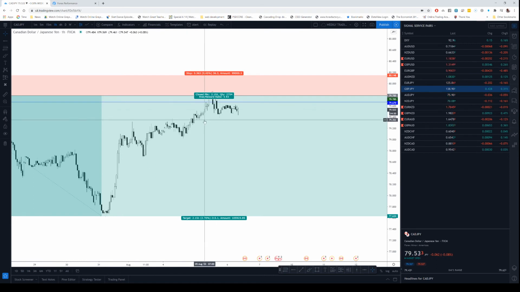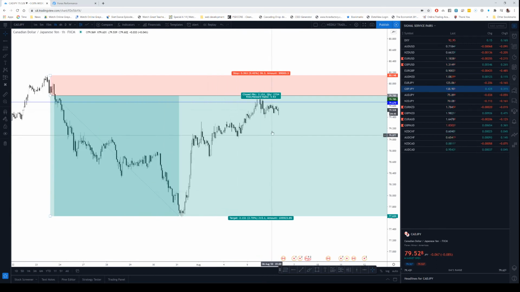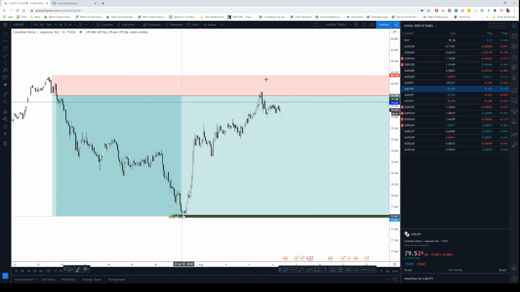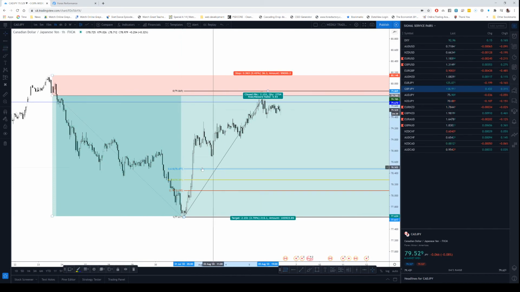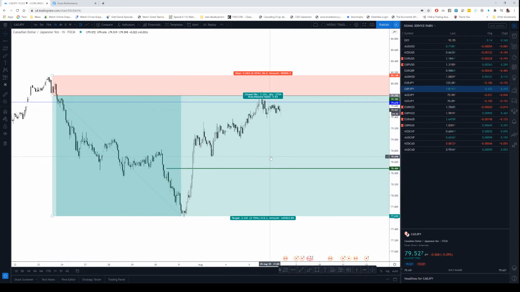But if we do break the hourly market structure, then there's a huge potential we can come back down to at least down here. Once we get here, we can take some of our position off and then look for what price is going to do next.